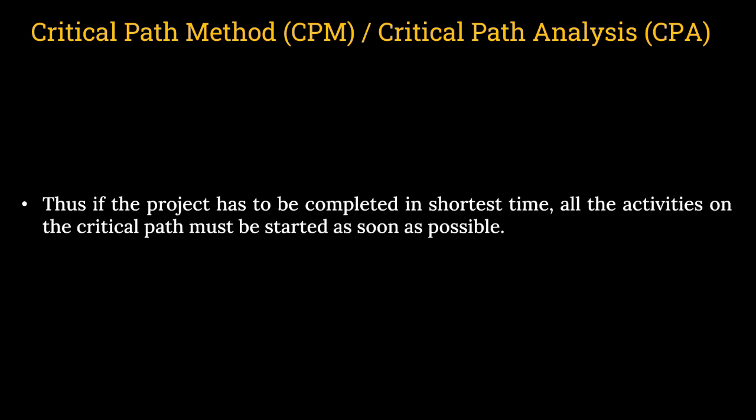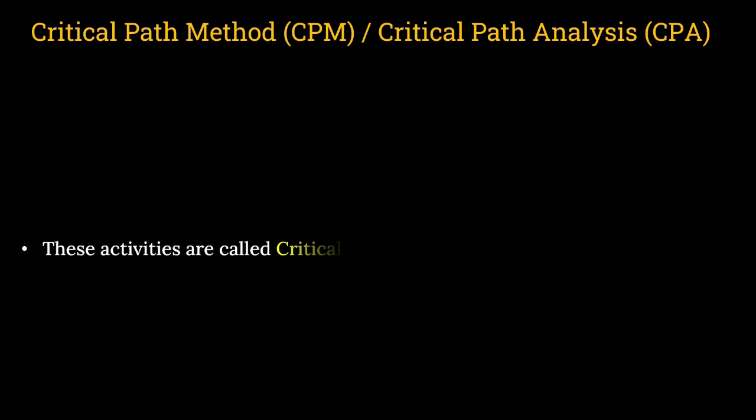Third, if the project has to be completed in the shortest time, all the activities on the critical path must be started as soon as possible. That means on the critical path, no delay is possible. These activities are called the critical activities. Fine, that we have discussed already.